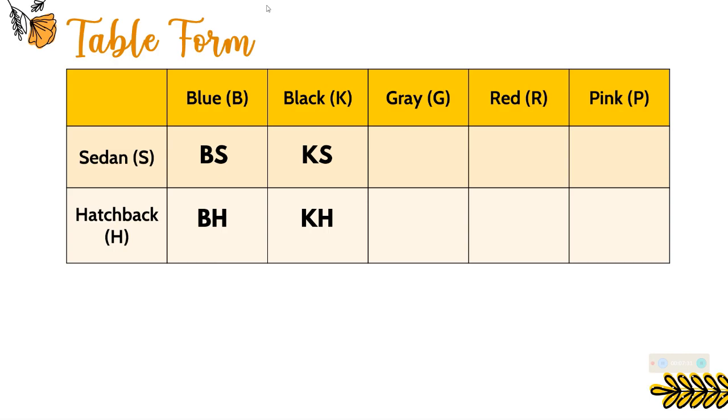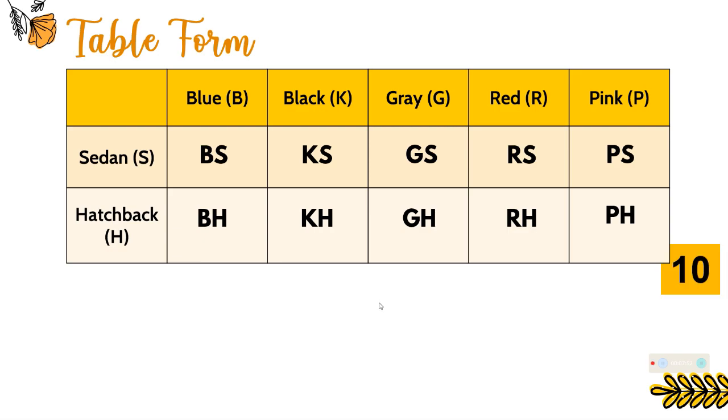We have the black sedan and the black hatchback. Black is represented by K because we already have here B. And then gray for G, we have gray sedan and gray hatchback, red sedan and red hatchback, pink sedan and pink hatchback. So counting them, we have 10 possible choices.